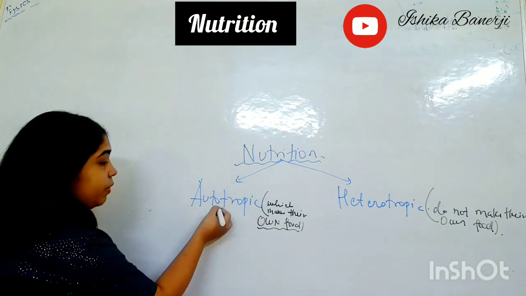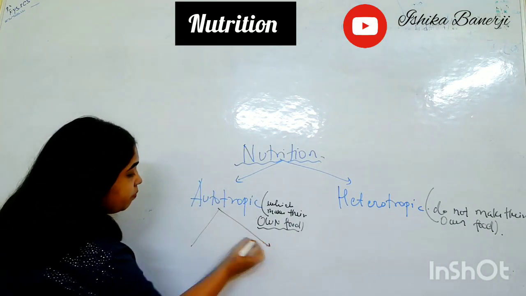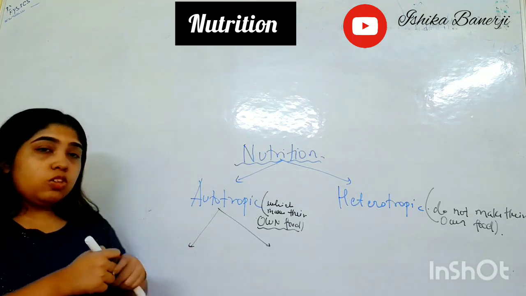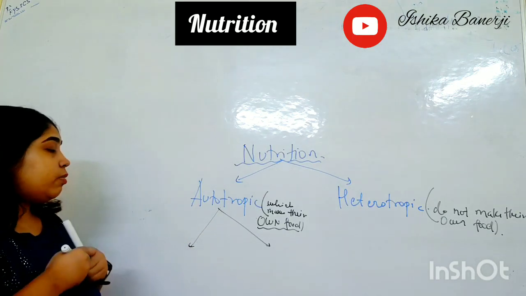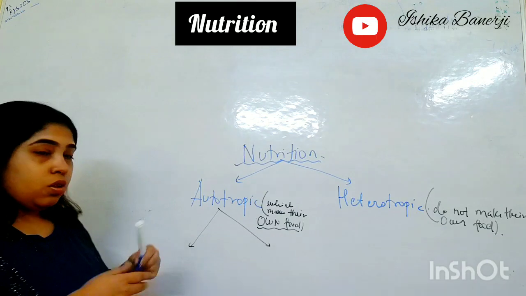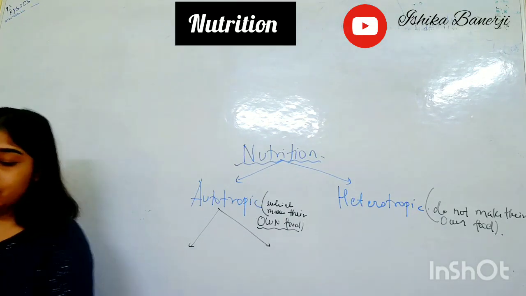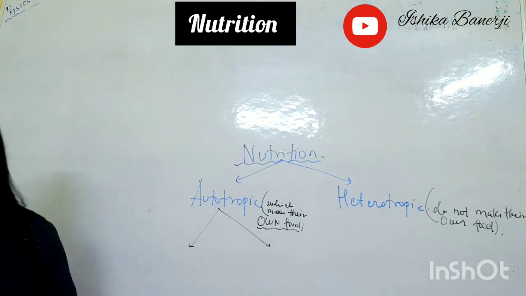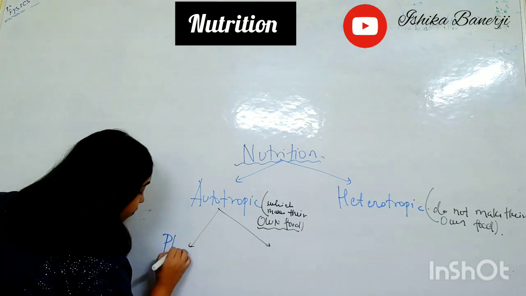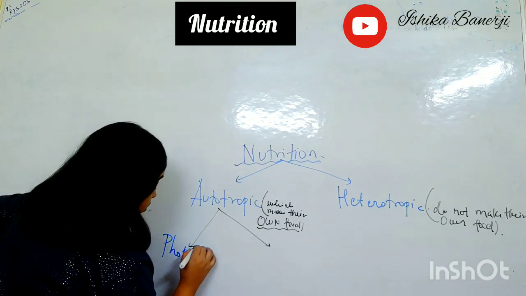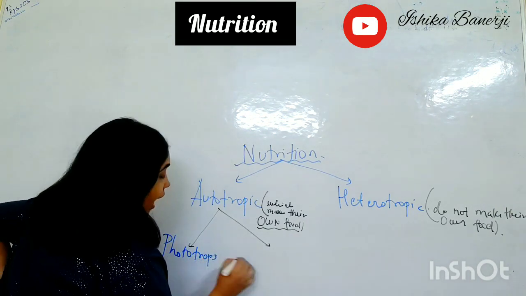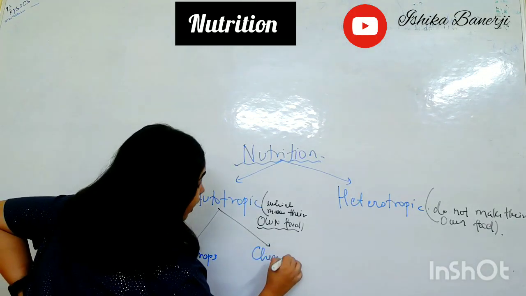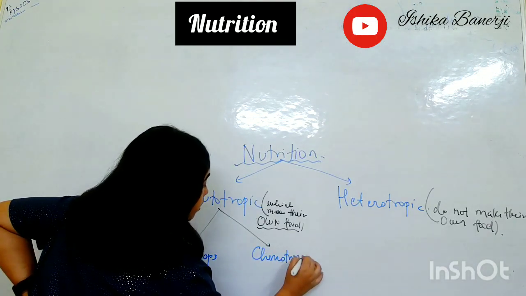Here also we will be dividing this into two parts. First, we will have the phototrophs and chemotrophs.